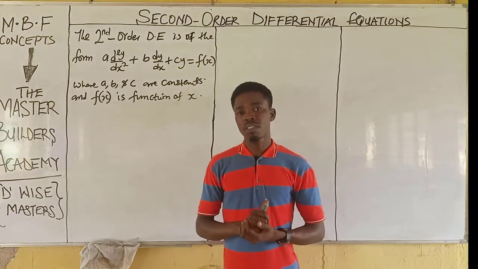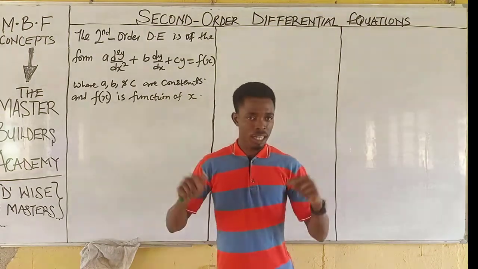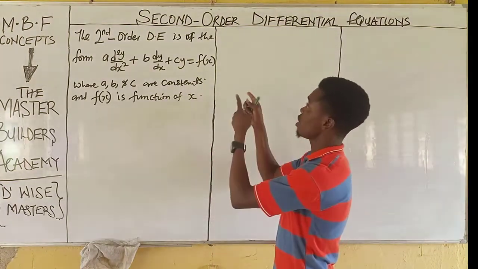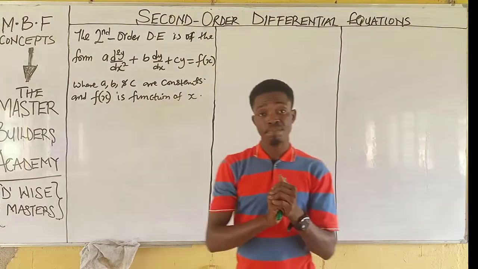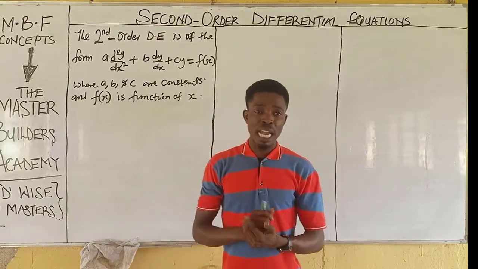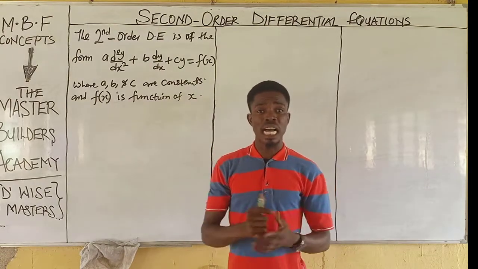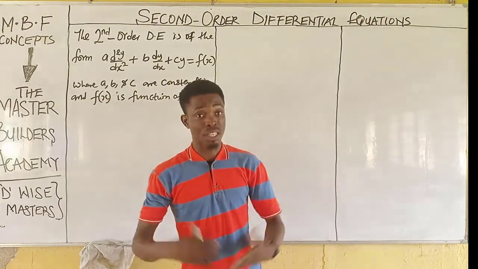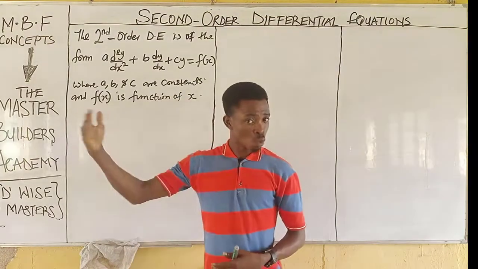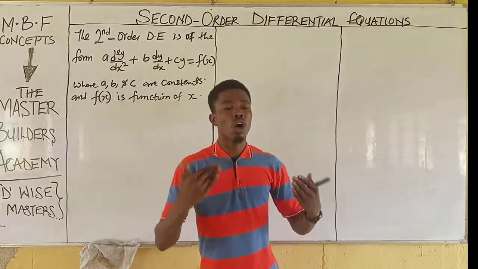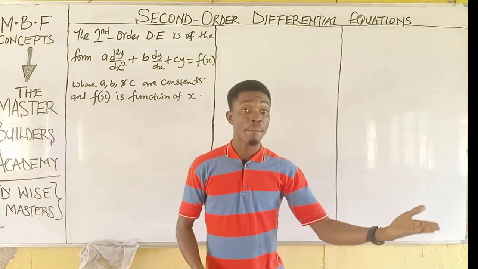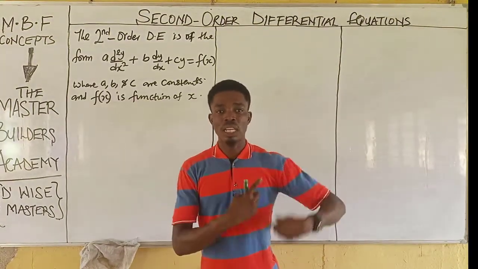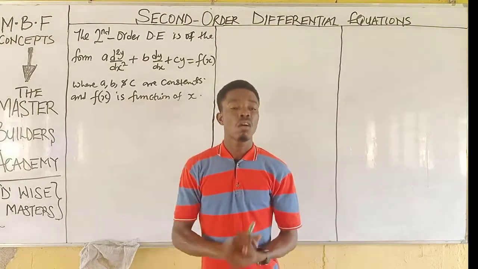Alright, so if this is taken, let's get to work. On the board, we have second order differential equation. For quite a number of times now, in our previous lessons, we have looked at differential equation. And we said that under differential equations, we have what we call orders of differential equation, where we have first order, second order, third order, and nth orders.